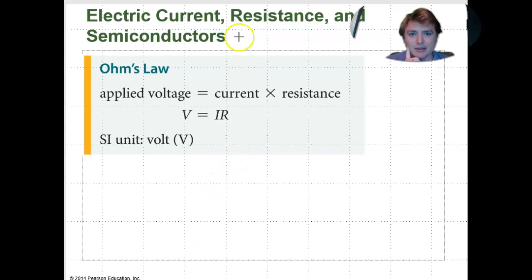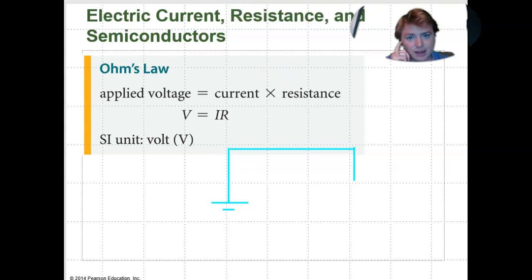So basically, the most simple circuit that I could possibly draw would look something like this. I've got some EMF, and I've got a resistor connected in here.